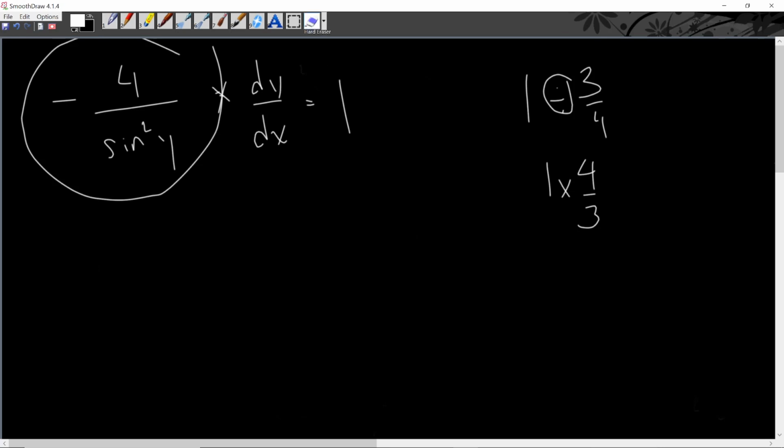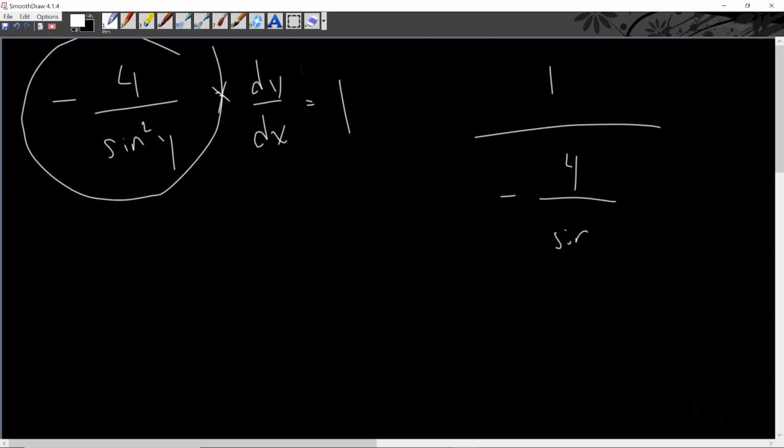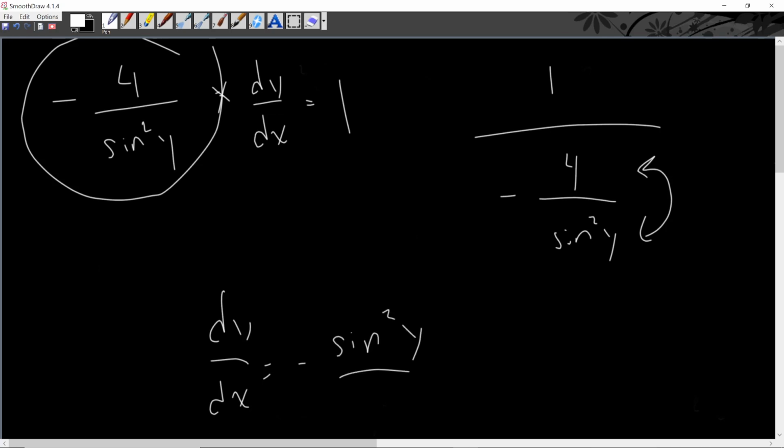So we change this thing to division, and then we flip the fraction. So the 1 over negative 4 over sine squared y is going to be equal to, so dy dx is going to be equal to these flipped. So it's going to be negative sine squared y over 4. Which simplified rather nicely.